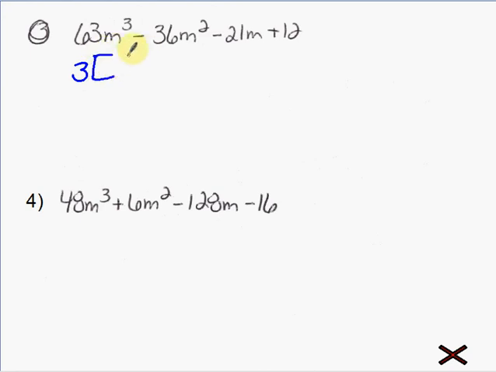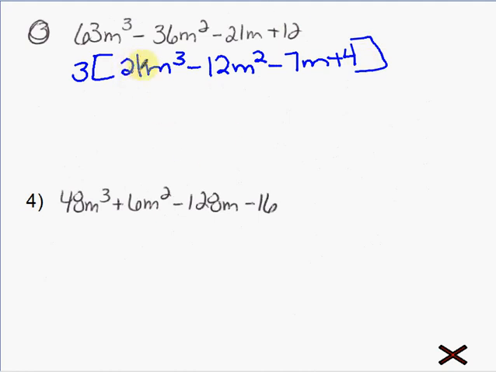So I start brackets, and I'm left with 21m cubed minus 12m squared minus 7m and plus 4. Alright, look, 21, 12, 7, and 4. I can't divide anything else out of there, so that was the right number, this 3.